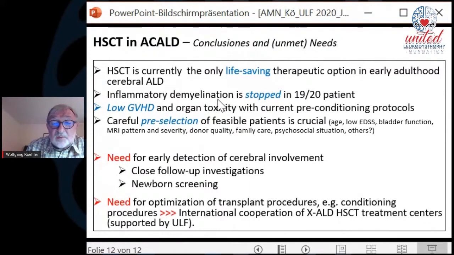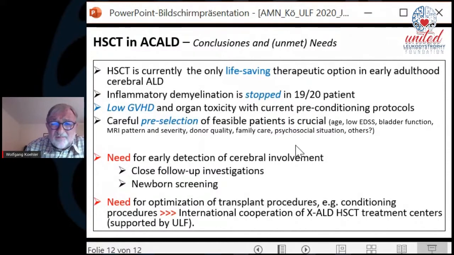It is able to stop the demyelination, to stop the inflammation in most of the patients. And we currently have very good techniques to do this treatment with low complications, with low graft versus host disease. But of course, we have to pre-select very carefully which patients are feasible for this treatment.